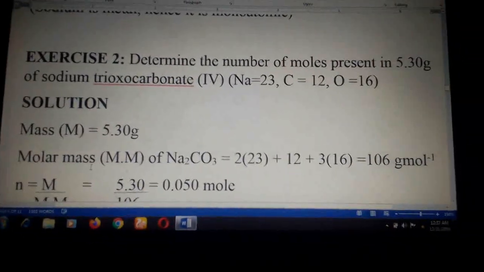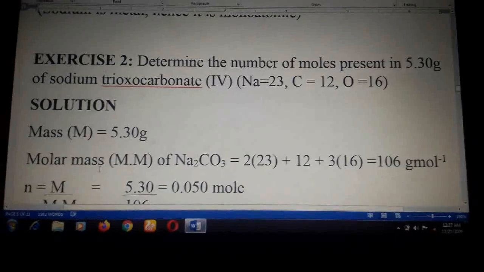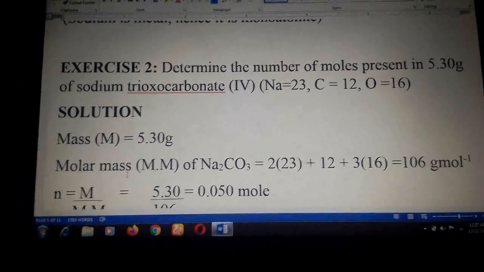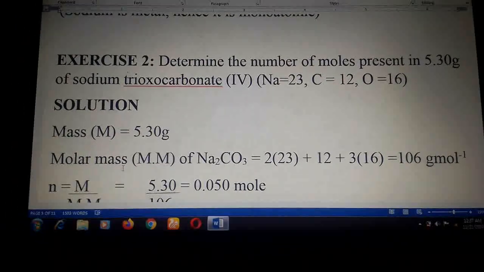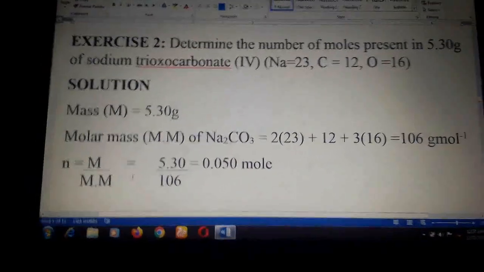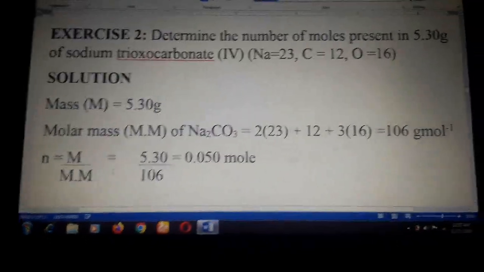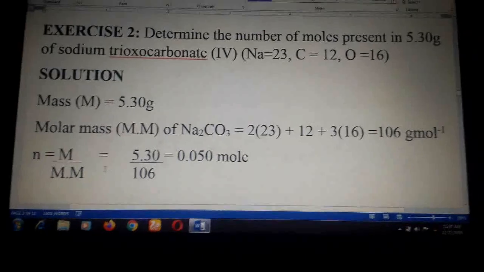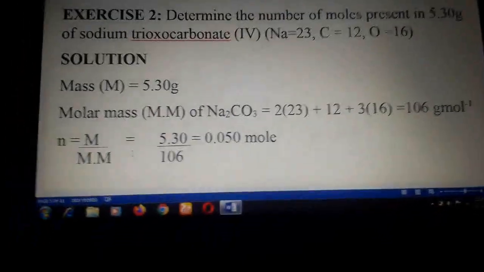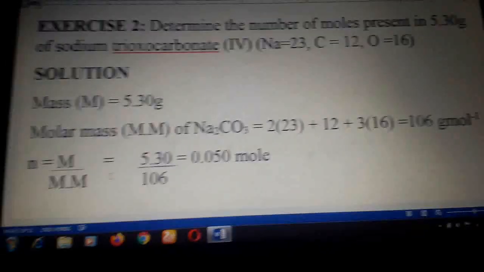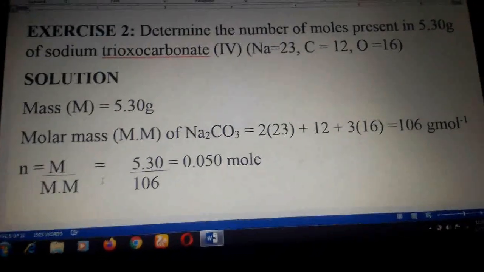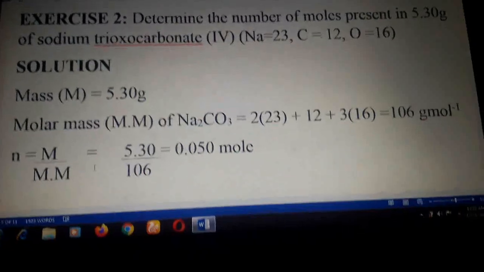Then we look at exercise 2. Determine the number of moles present in 5.30 grams of sodium trioxocarbonate(IV). They gave us mass. Look at the solution, the mass is 5.30 grams. But this substance given to us is a compound. So we have to get the right formula, Na2CO3. If you go back to the video we did on chemical equations and formulas, you know how to get the formula by valency exchange.